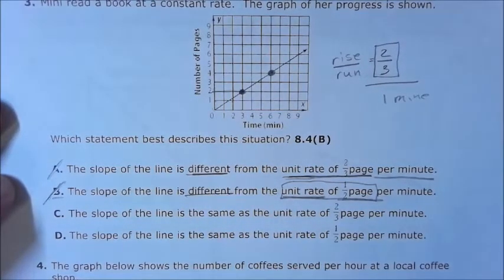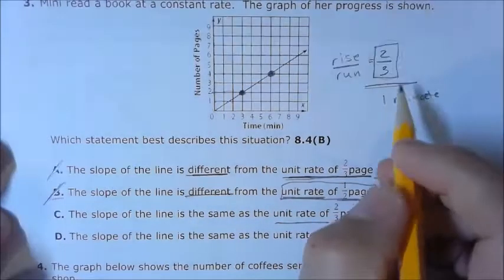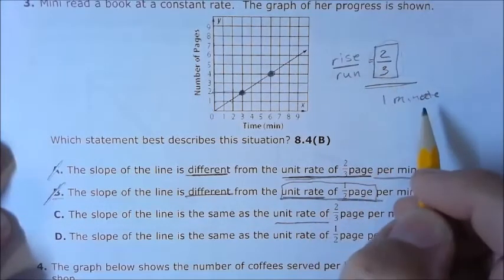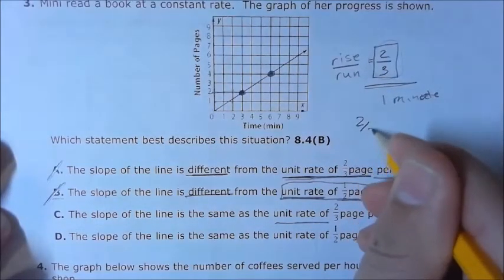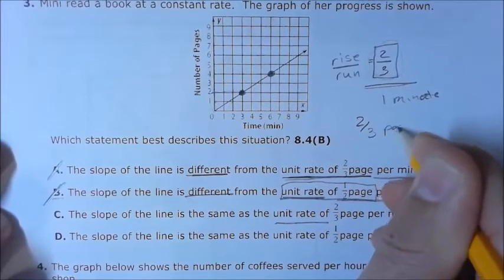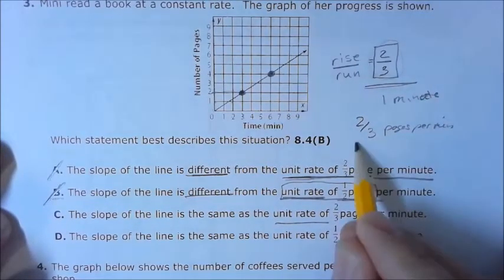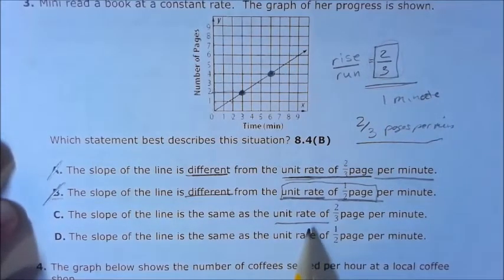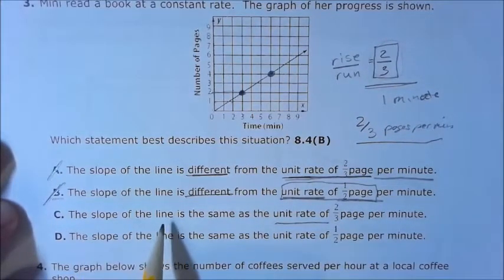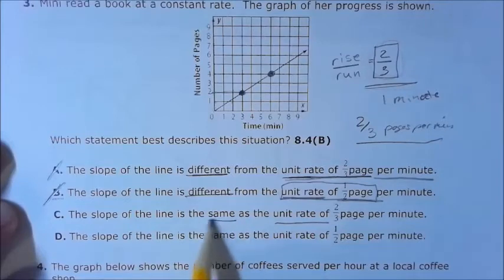You should ask yourself, is that a true statement or not? Then that would mean that we read 2/3 pages a minute. And that would be our unit rate, 2/3 pages per minute. With that being said, this is a true statement because it says the slope of the line is the same as the unit rate of 2/3 pages per minute.